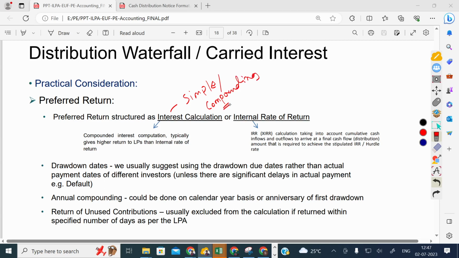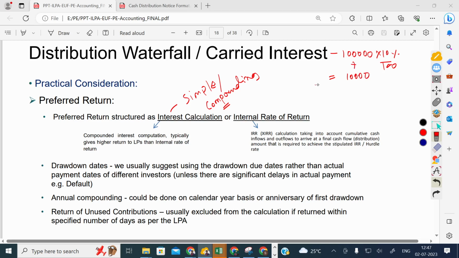Compounding means, for example, let's say for the first year you invested 1 lakh with 10% interest payment. So that becomes your interest plus principal. Let's say interest is 10,000 per year.